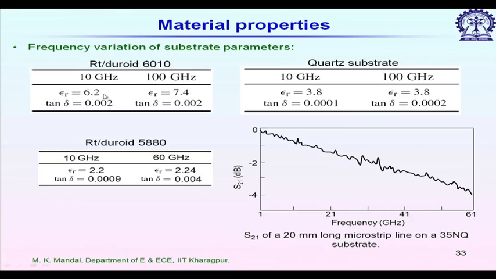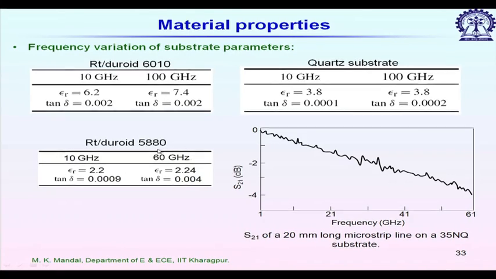Rogers suggests its dielectric constant at 10 gigahertz is epsilon r equal to 6.2 and loss tangent equal to 0.002, but some other groups have used the same material at frequencies as high as 100 gigahertz, and they reported that the measured dielectric constant at 100 gigahertz of the same material is 7.4, and they also obtained a similar loss tangent value of 0.002.